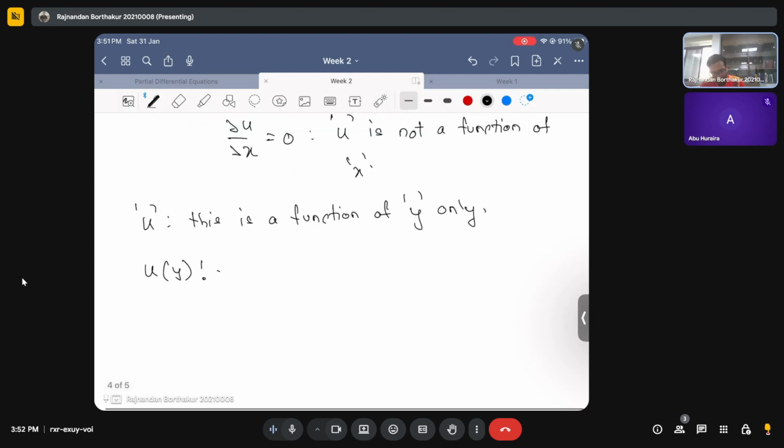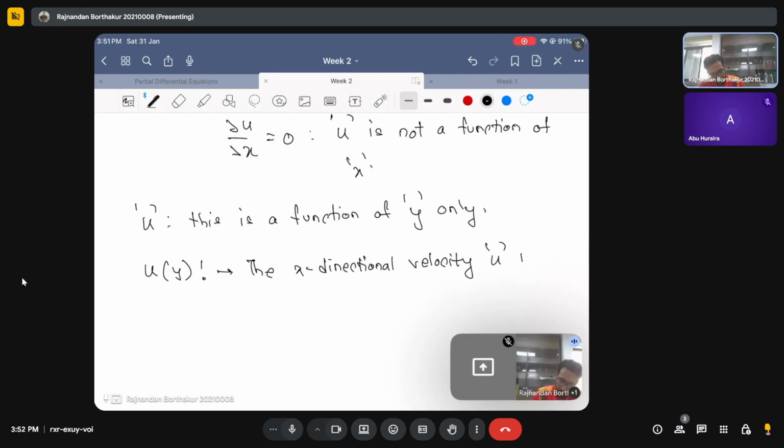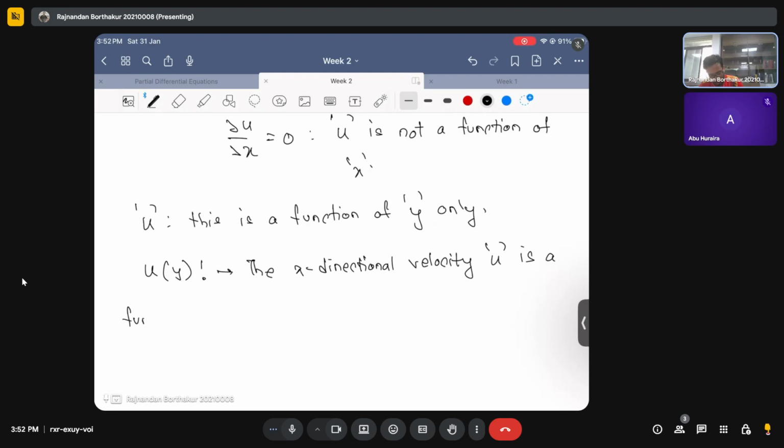So if I write it down, this statement is that the x directional velocity, which is u, is a function of y only.